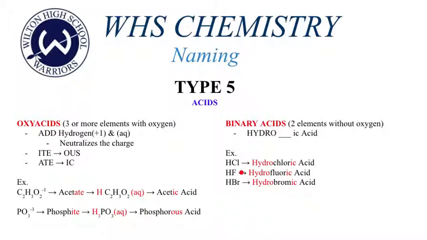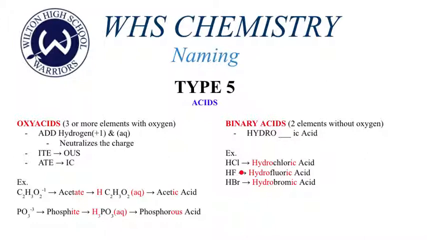Next type we have is type 5, which is acids. So we have 2 types of acids, oxyacids and binary acids. Oxyacids is when we have 3 or more elements with an oxygen. The rule with this is you add a hydrogen, which is a +1 charge, and you add AQ because it's aqueous.